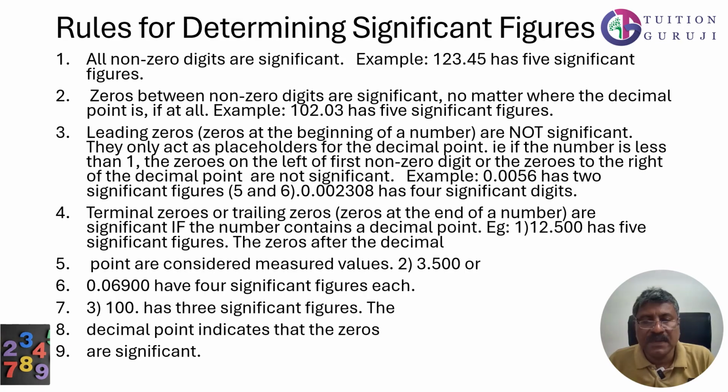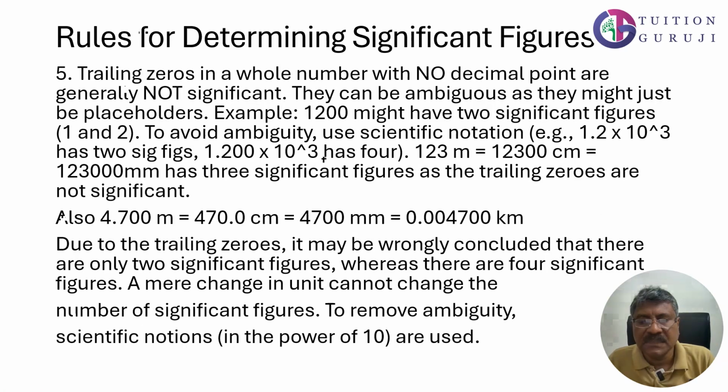And 3.500 or 0.06900 have 4 significant figures each. 100. with a decimal point has three significant figures. The decimal point indicates that the zeros are significant. Trailing zeros in a whole number with no decimal point are generally not significant.